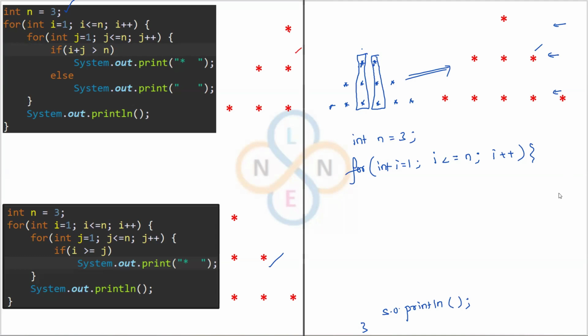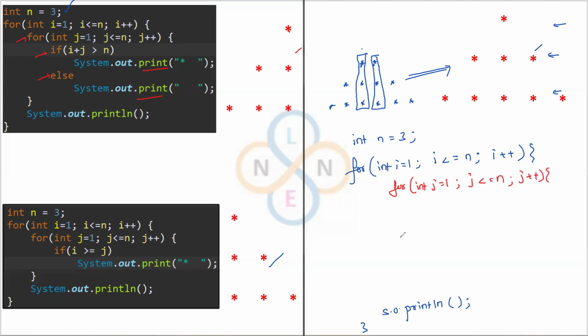Then we have to print these two together. What is the first one? A nested loop with an if condition and else condition with print statements, not println. The same thing I'm writing here. One for loop, int j equals 1, j less than or equals n, j plus plus.